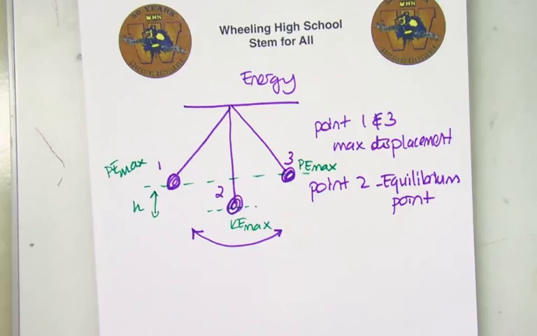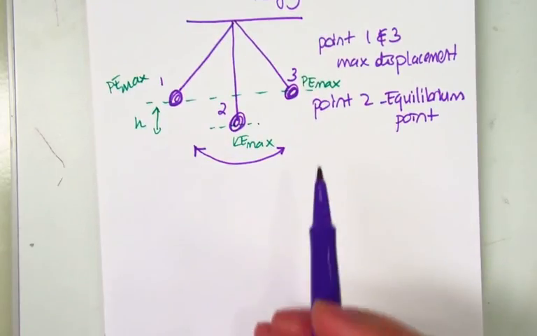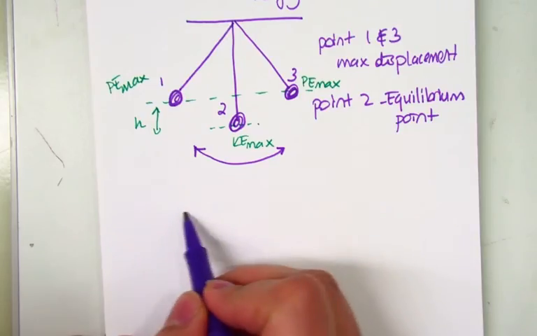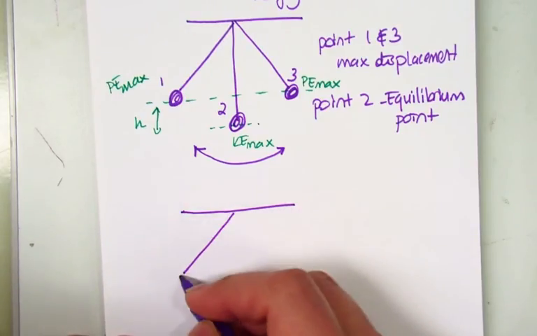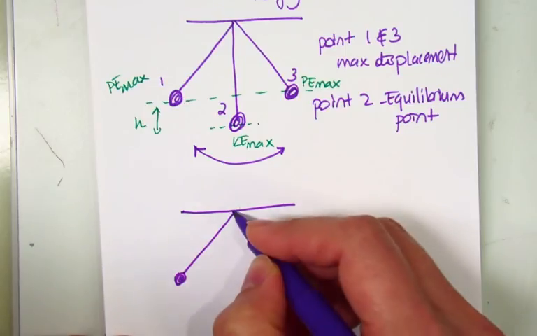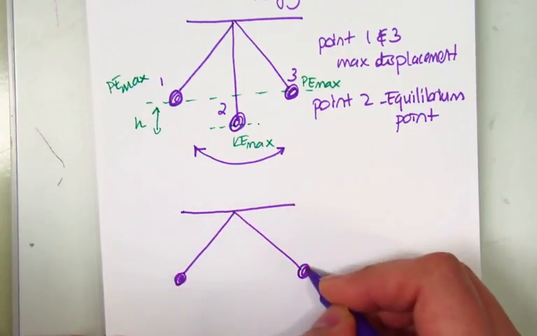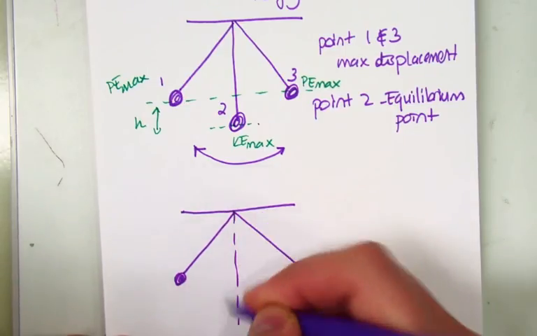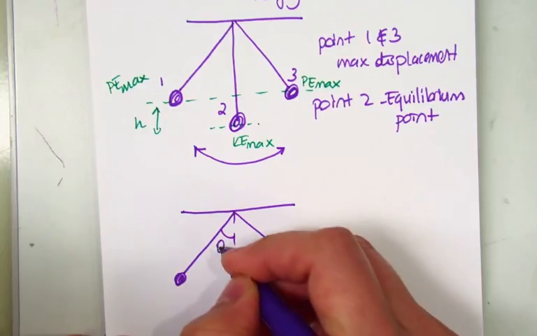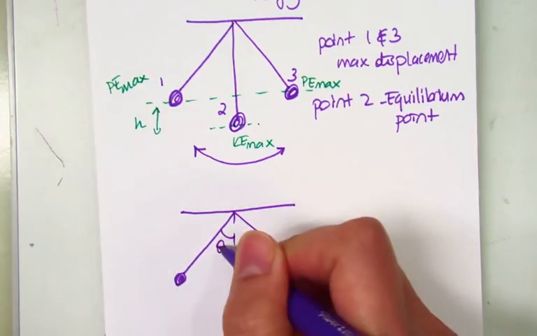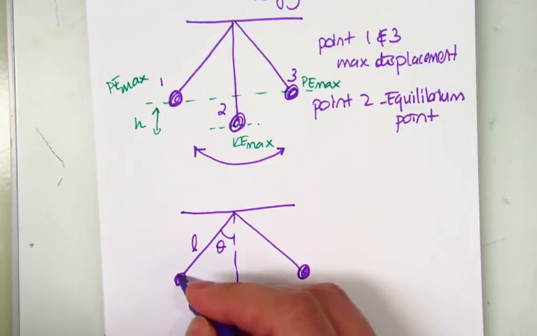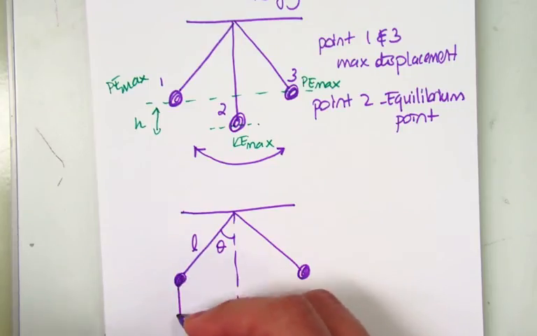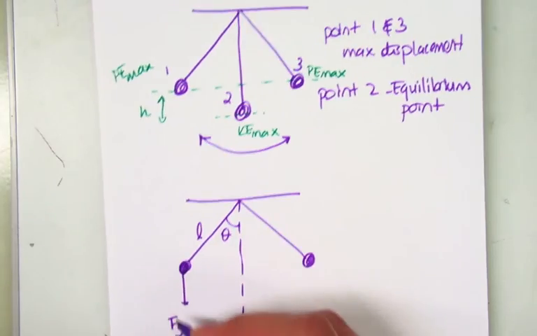And one last thing I would like to talk about for the pendulum is the forces. So I'm going to draw this again, and let's say from the equilibrium, the mass is making angle theta, and this is the length, and Fg is going down, right?